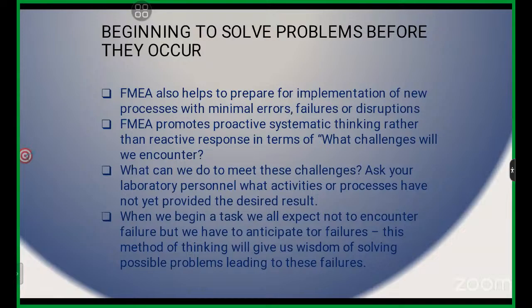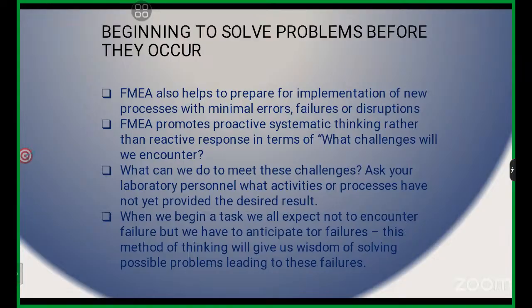And this is why we need to apply the FMEA process. FMEA also helps to prepare for implementation of new processes with minimal errors, failures, or disruptions. FMEA promotes proactive system thinking rather than reactive response in terms of what challenges we will encounter.